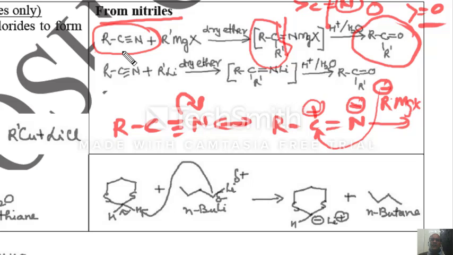So with the help of nitriles, and employing any organometallic compound, say RMgX or RLi, I can get ketone or aldehyde formation taking place, right? Mostly it is ketones.